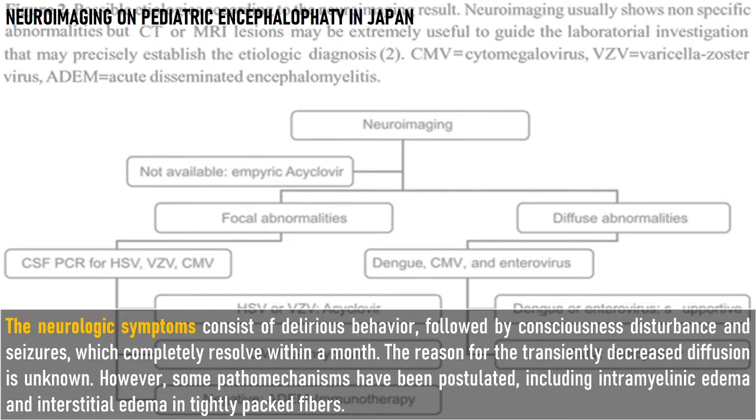The neurologic syndromes consist of delirious behavior, followed by consciousness disturbance and seizures, which completely resolve within a month. The reason for the transiently decreased diffusion is unknown. However, some pathomechanisms have been postulated, including intramyelinic edema and interstitial edema in tightly packed fibers.